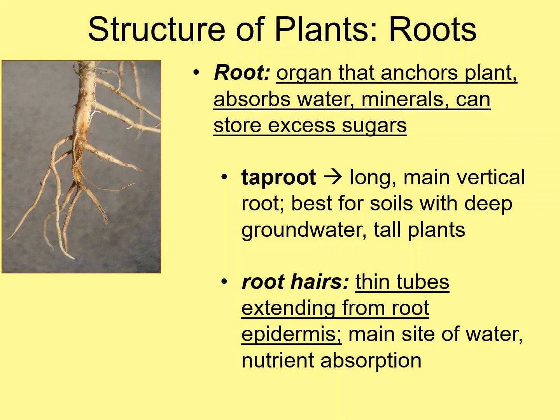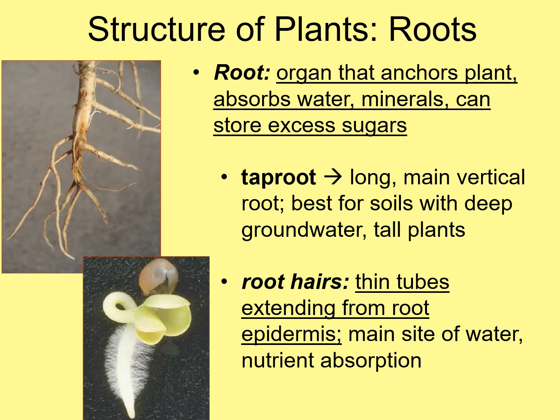You see this in the taproot as well on the ends, but not as much. These are really, really tiny, almost like trichomes. They're very thin tubes that are extending from the surface of the root. And their main job, of course, is water and nutrient absorption. So that's mostly where you're getting that absorption coming in, is that high surface area of the root hair.